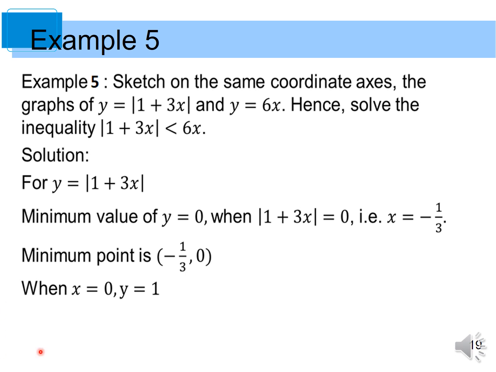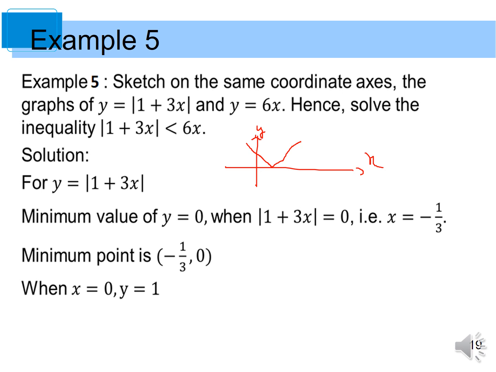So you can look at this. For example, you know the shape of the modulus function is V. And for another way, look at this working. For this modulus function, 1 plus 3x, we can determine the minimum value of y equal to 0.